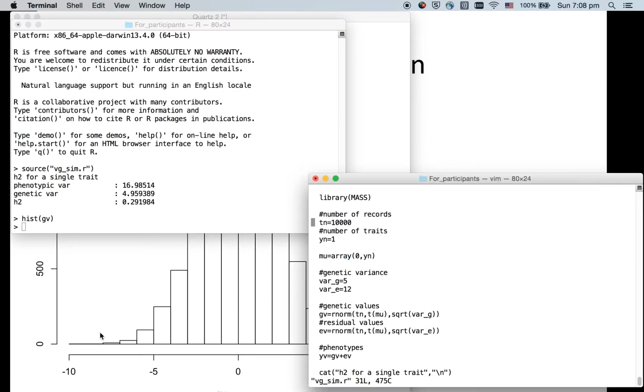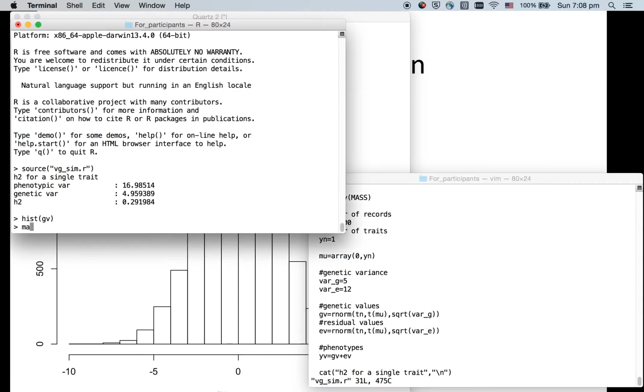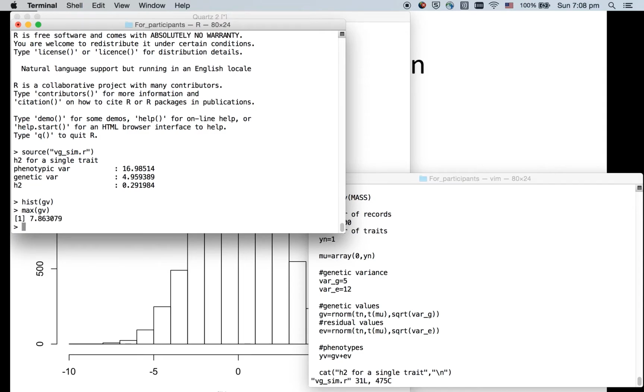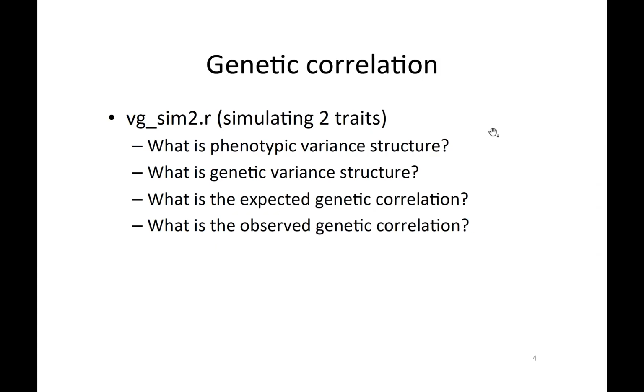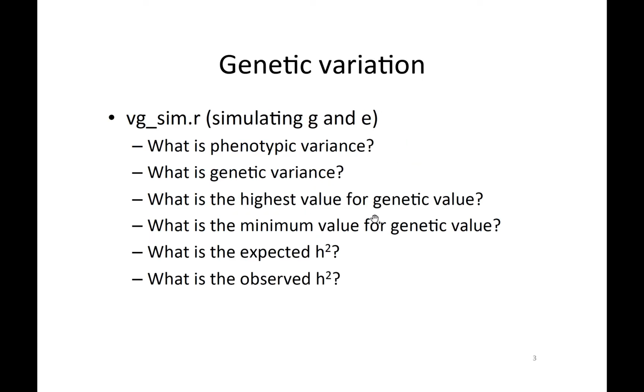So the answer is that the maximum genetic value is 7.8 and the minimum genetic value is -9. Next question: what is the expected heritability and what is the observed heritability?